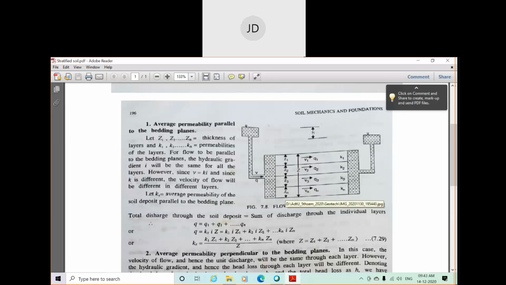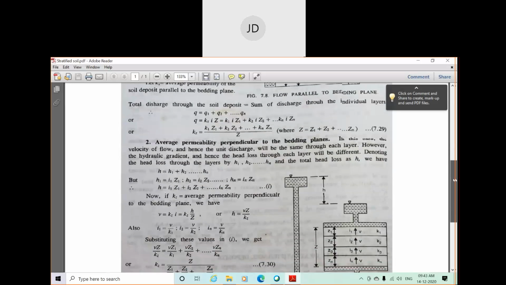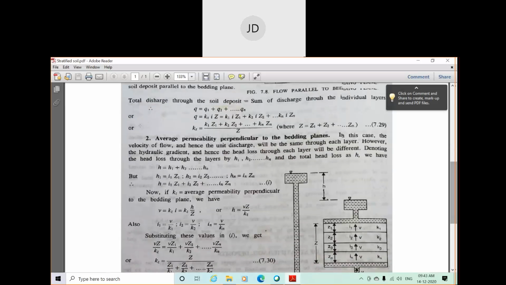How many layers there are is based on the problem. Secondly, this is your second case: the coefficient of permeability of stratified soil when the flow is perpendicular to the bedding plane.